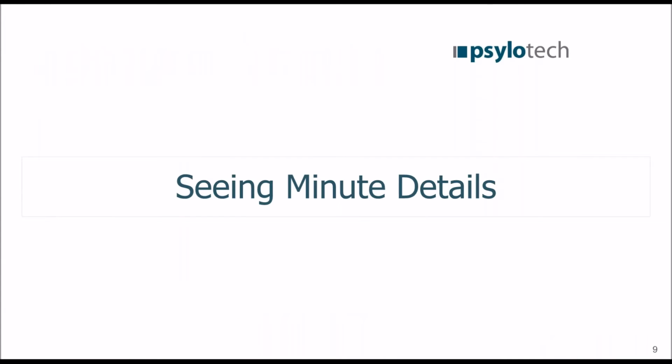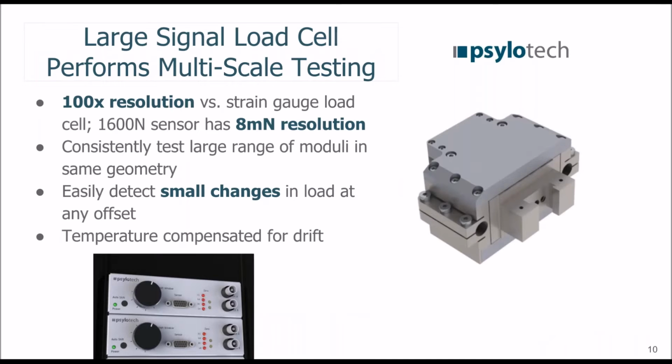So the next key reason we leverage our load frame for this particular test was that our high-resolution sensors are able to see a lot more than any other competitive system. Using a capacitive voltage divider as a load cell, we're able to get about 100x more resolution versus a typical strain gauge load cell. That gets us around 8 millinewtons of resolution plus noise plus accuracy on a 1600 newton sensor.